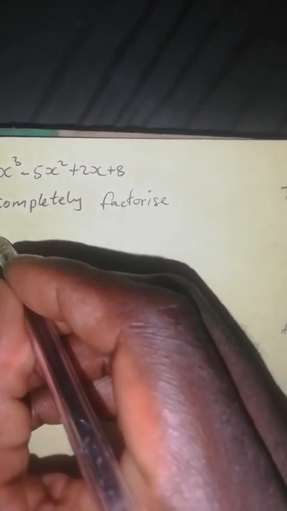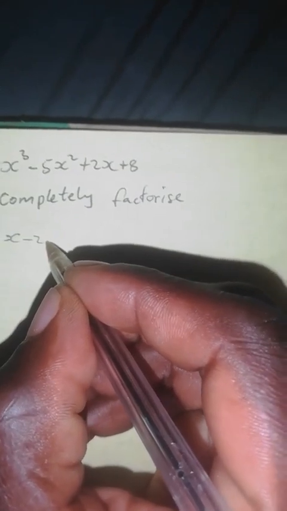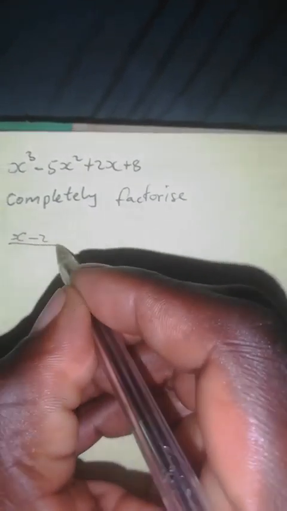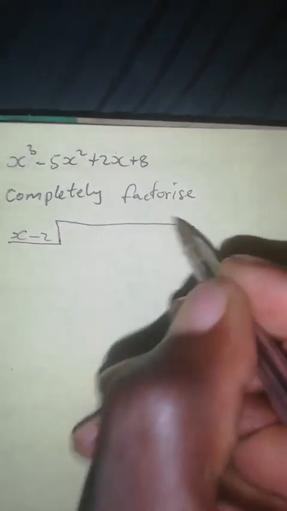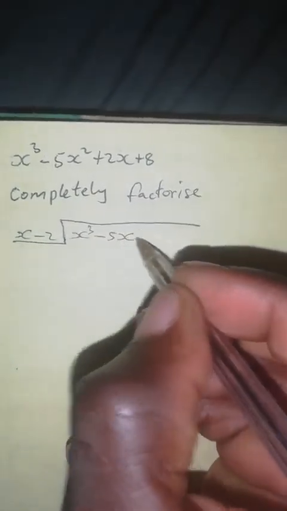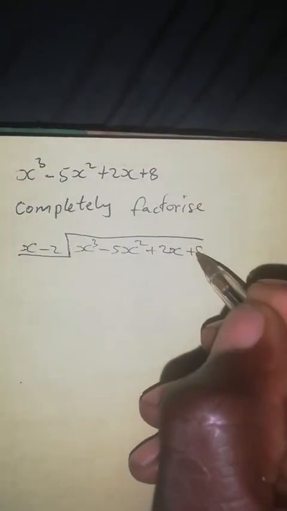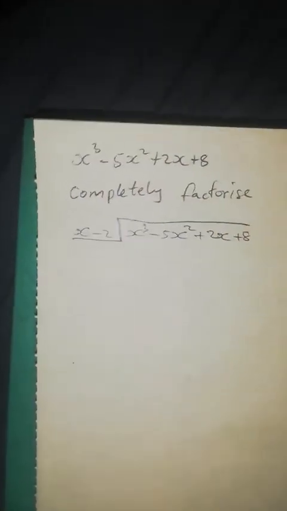Therefore, it's x minus 2 divided into x cubed minus 5x squared plus 2x plus 8. Right, let's be quick.